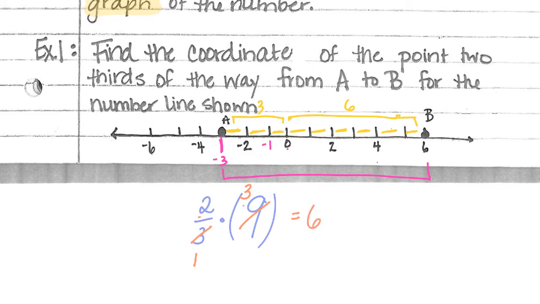So what we're looking for is the 6th unit away from A. So here I have 1, 2, 3, 4, 5, 6. Where do you guys think that lands me? That's going to land on 3. So the answer to this question is 3 is the coordinate of the point 2/3 from A to B.